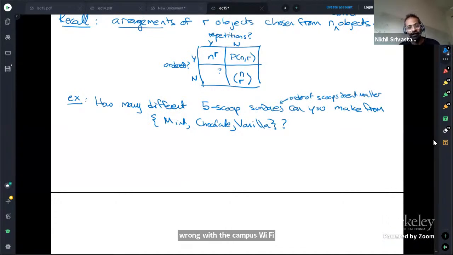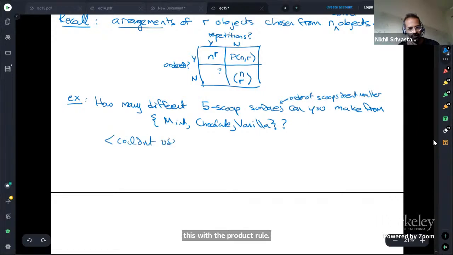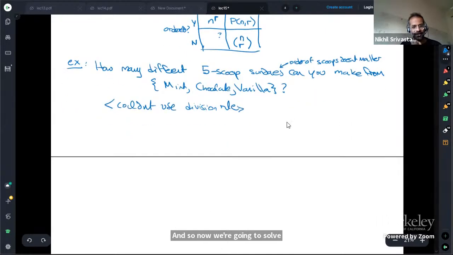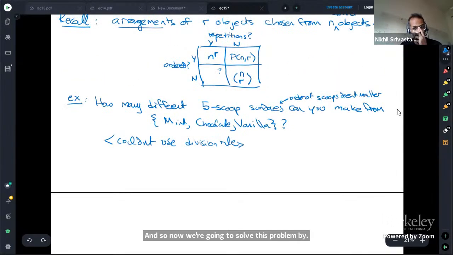Last time we saw that you can't do this with the product rule. Sorry, the division rule. So now we're going to solve this problem by appealing to a different perspective, which is actually quite useful.